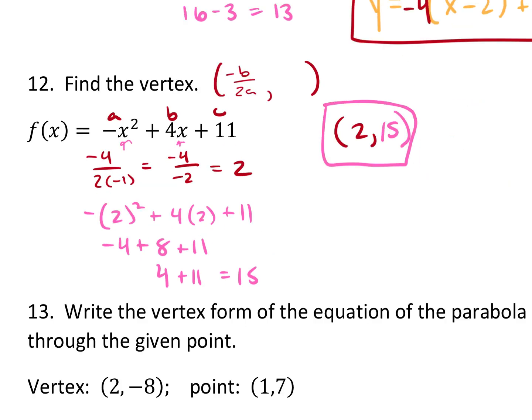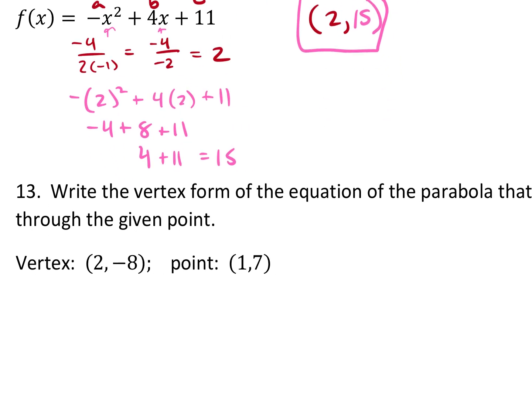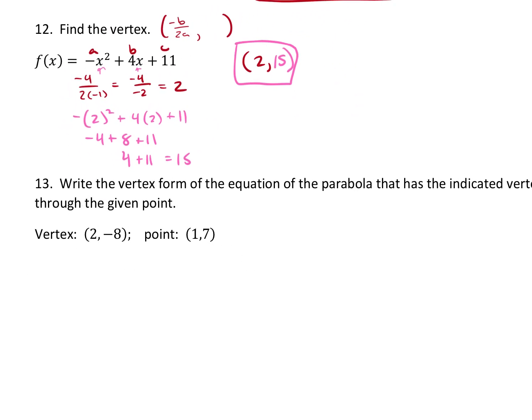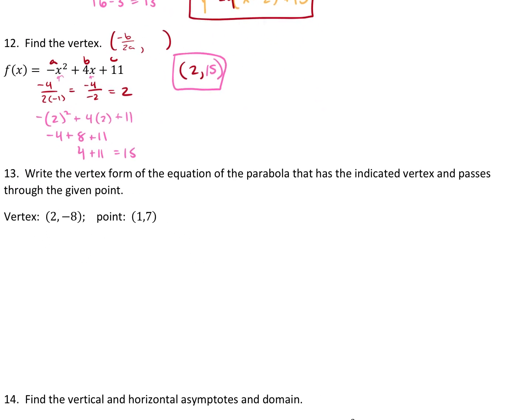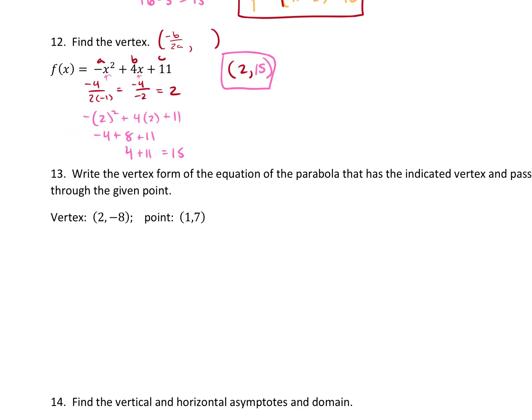All right, we're going to do one more, 13. So you have to write the vertex form of the equation of the parabola that has the indicated vertex and passes through the given points. So our vertex form is y is equal to a times x minus h squared plus k. All right, last one.